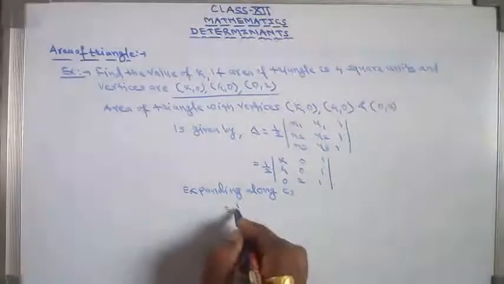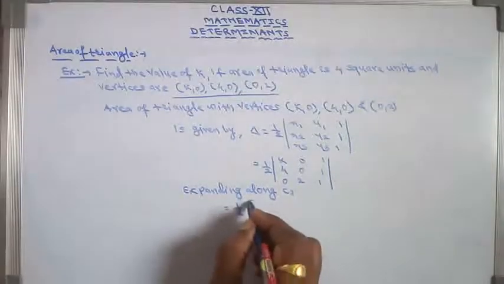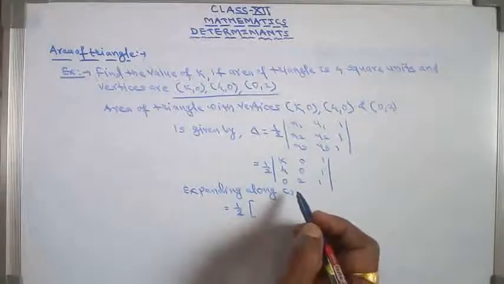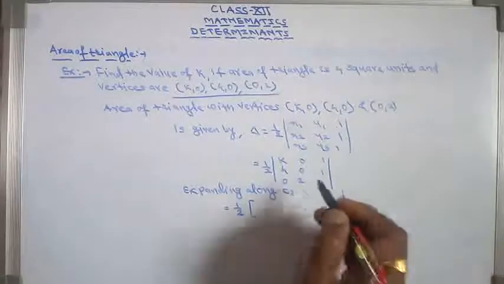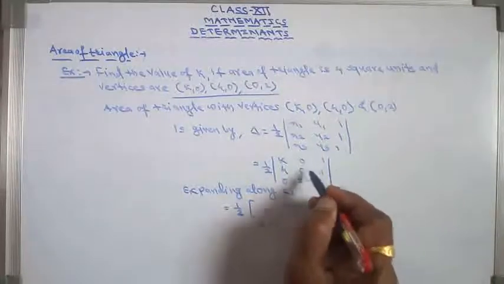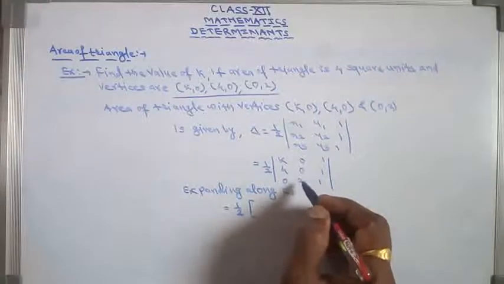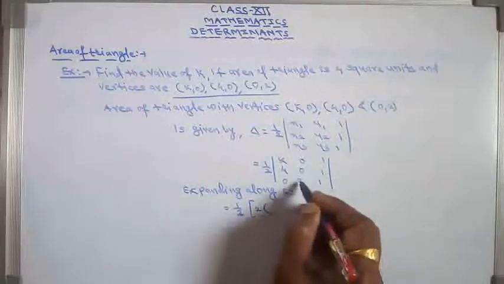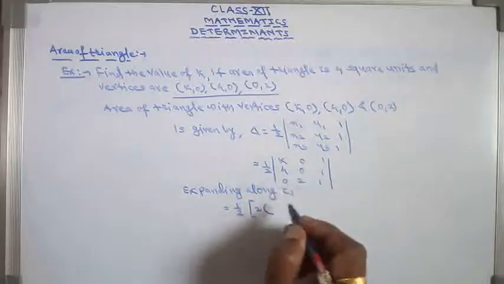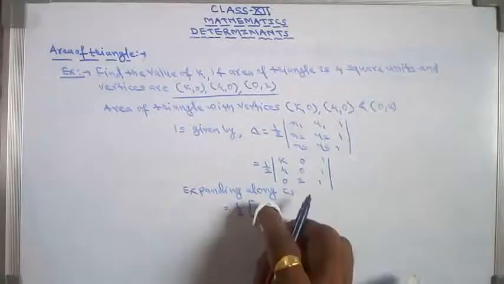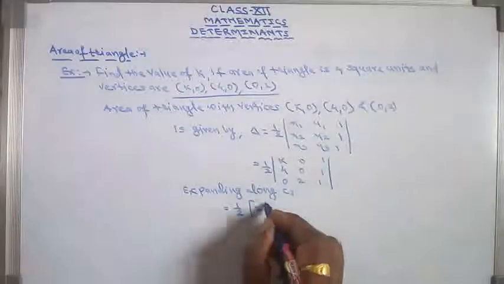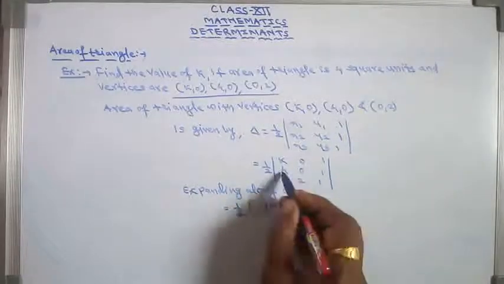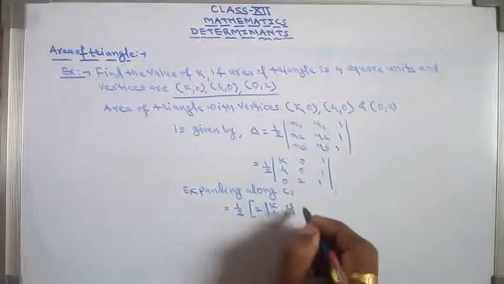So this is equal to half into 0 times something, which is 0, 0 times something, which is 0, and this 2 into the determinant obtained by leaving this row and this column: k, 1; 4, 1.